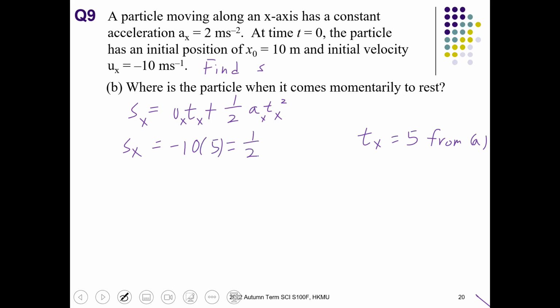We have half times 2 times 5 squared. And now we get the displacement. This is minus 25. The unit is meters.